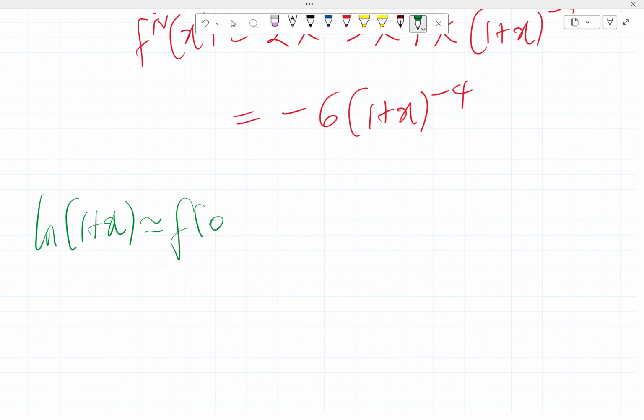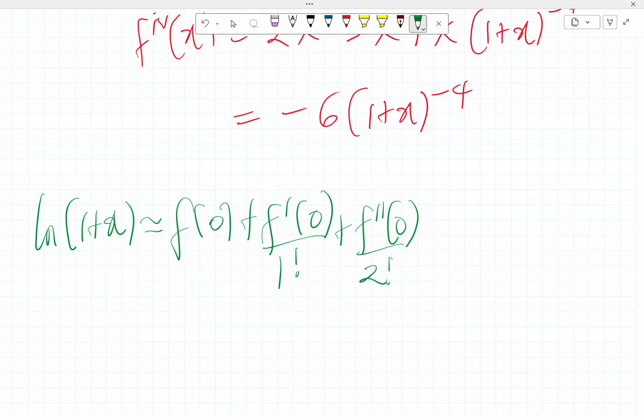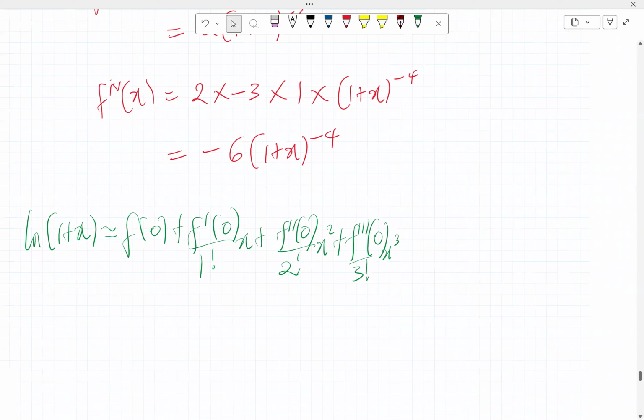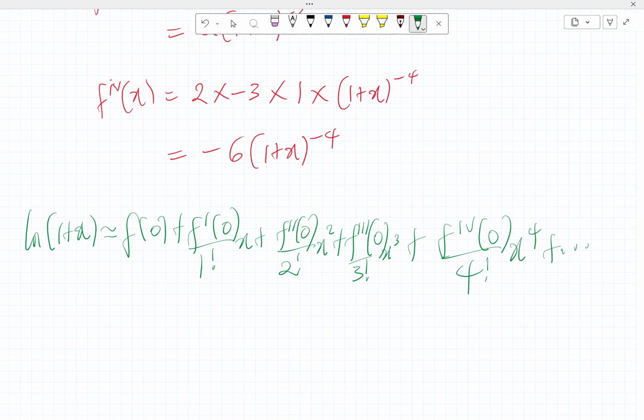So it's approximately f(0) plus f'(0) over 1 factorial x, plus f''(0) over 2 factorial x squared, plus f'''(0) over 3 factorial x raised to power 3, plus f''''(0) over 4 factorial x raised to power 4, plus all of that.